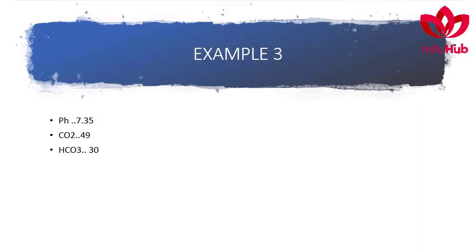This is a bit complicated one. Now you can see you cannot decide on the basis of pH whether it's an alkalosis or acidosis. There is a tricky condition in this case. It is more near to the acidic end, like from 7.35 it is usually normal, but for the sake of understanding you need to know that it is more close to the acidic end.